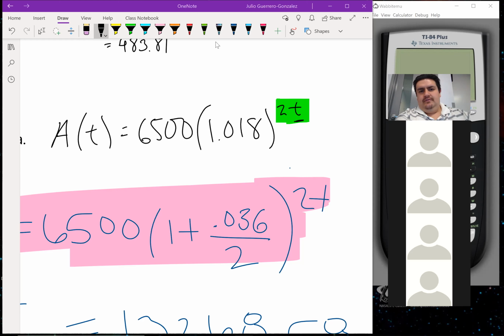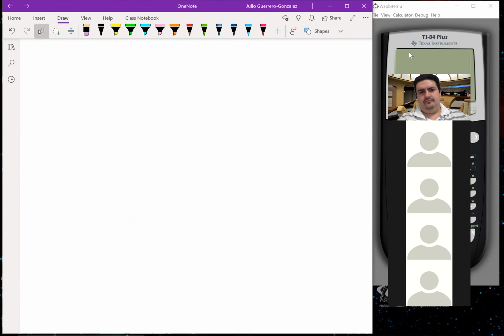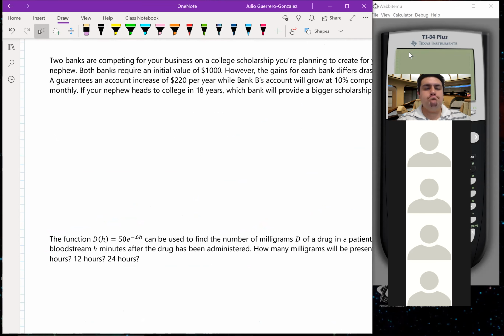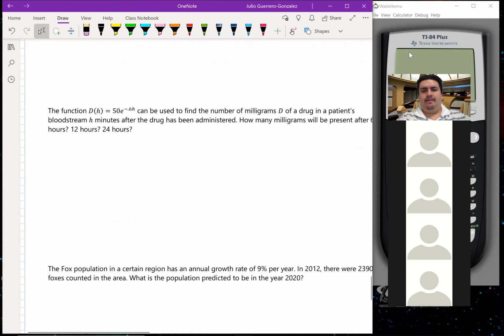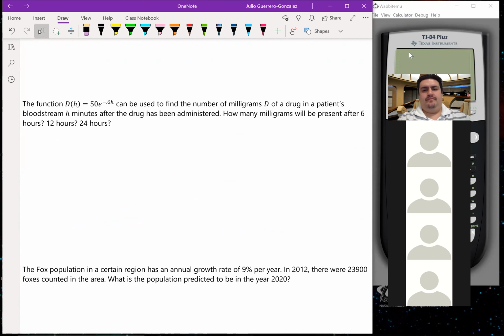All right. Okay, so I also had a question on the function d of t equals 50e to the minus 0.6t. Where would I plug in the 6 hours? Would I plug that in for minutes, so would it be 360, or would I plug it in for hours? You would want to do 360.